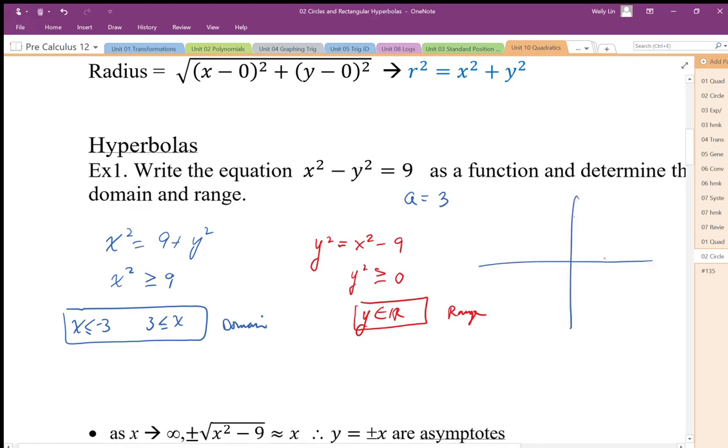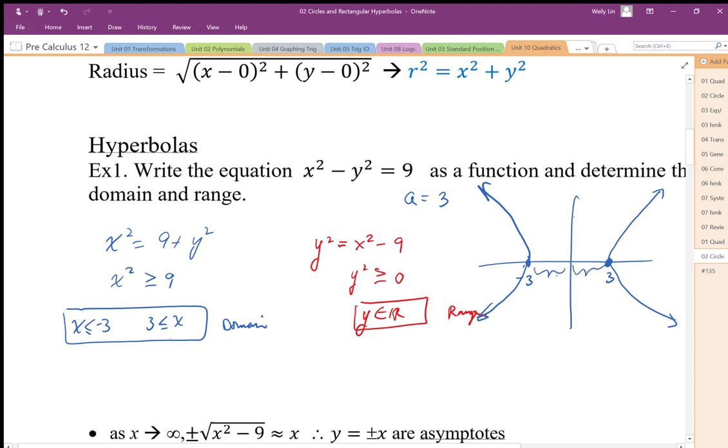It has to be at least 3, and it goes on this side like that. So I have an infinite range up and down. And it also has a domain restriction at -3, and it goes this way, up this way, and down this way.